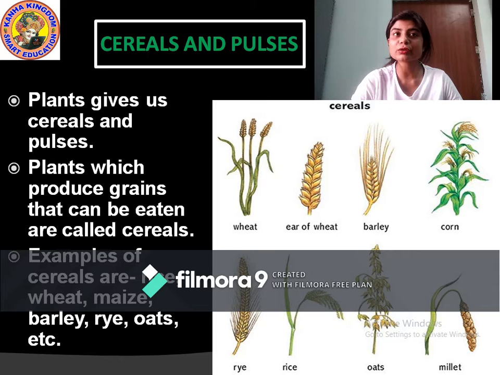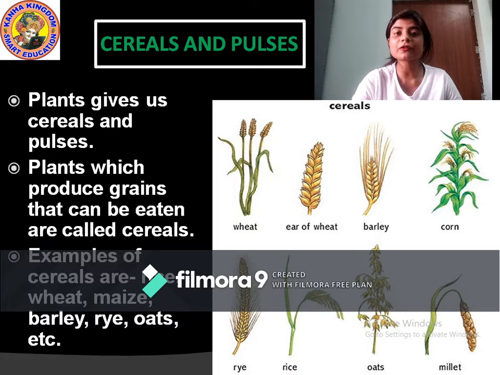Plants that produce grains. For example, rice, wheat, maize, barley, rye, oats, etc. These are cereals.